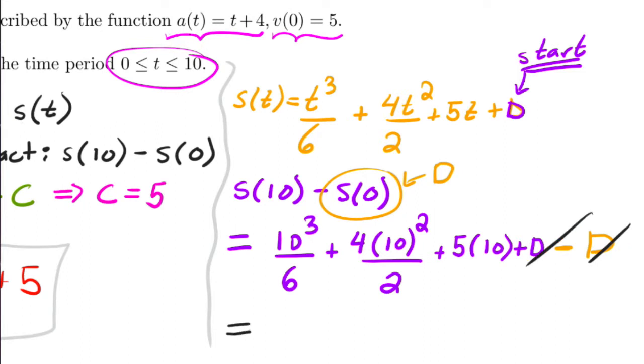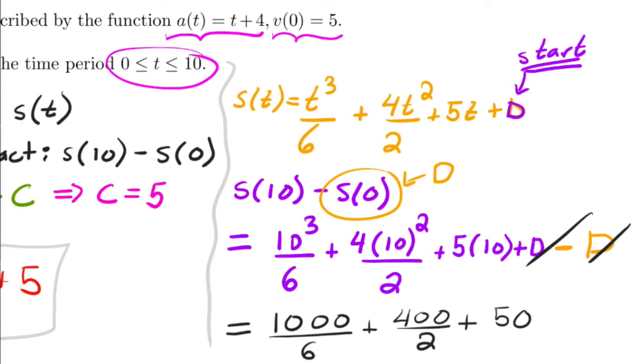So what's left over is 10 to the third, which is 1,000 over 6, plus 10 squared is 100, so 400 over 2, plus 50.